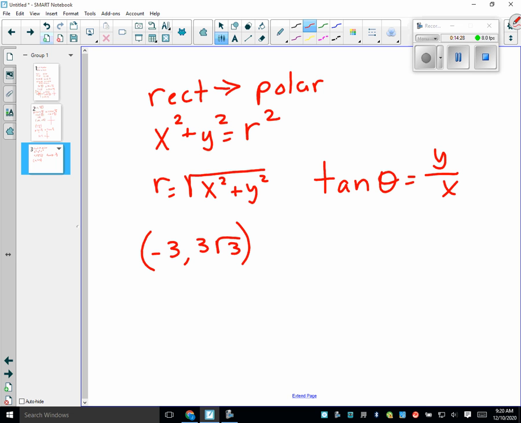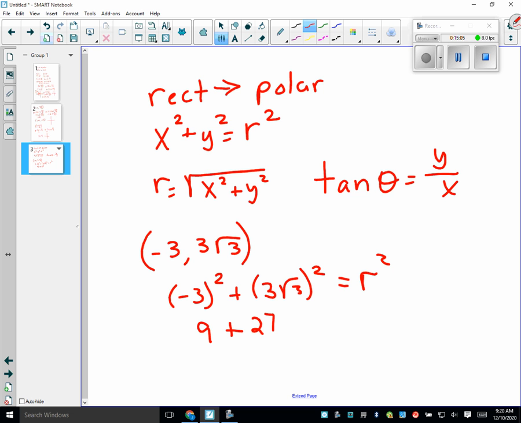What is r? Radical negative 3 squared plus 3 radical 3 squared. Isn't this 9 plus 27?